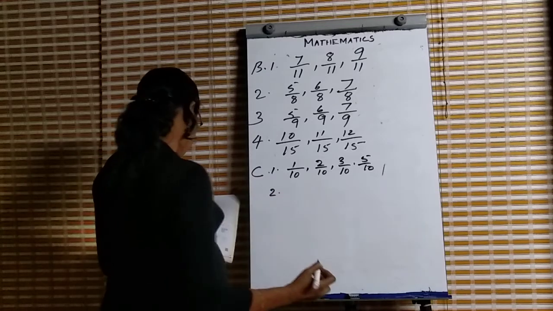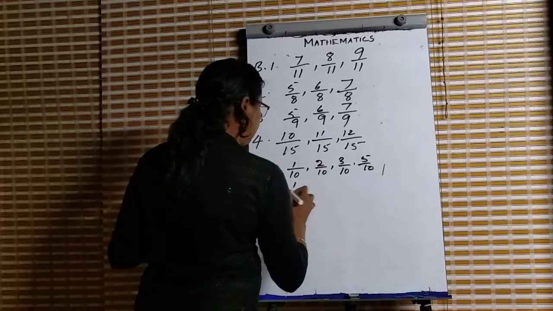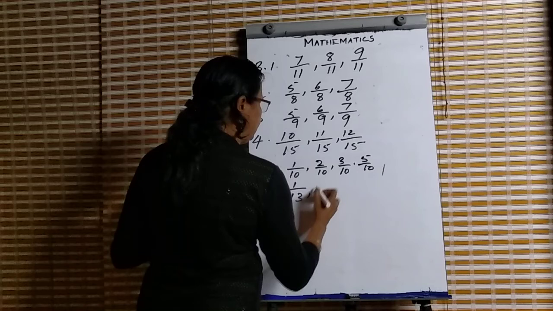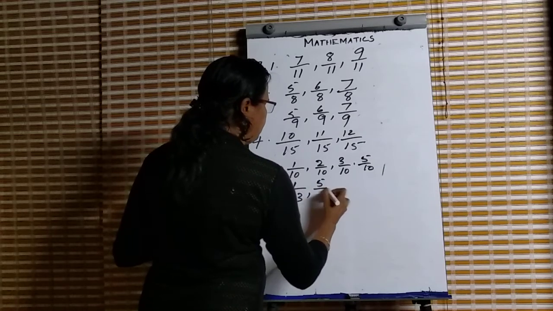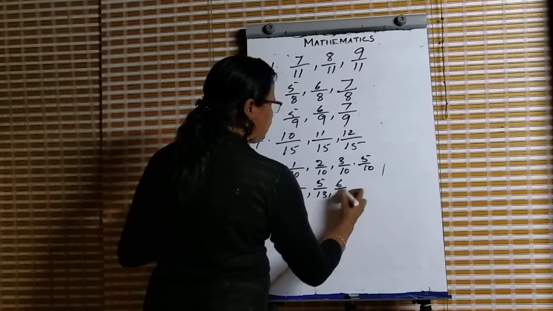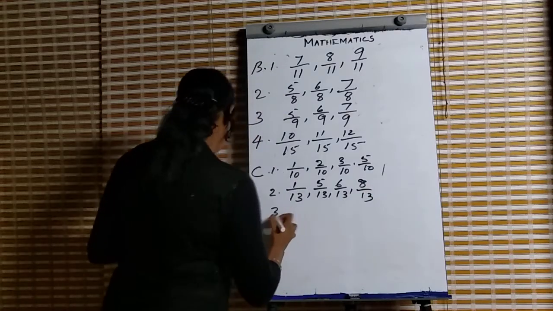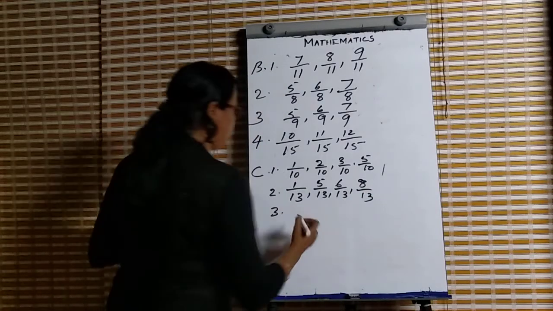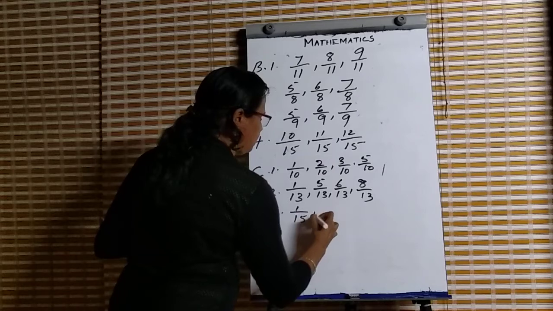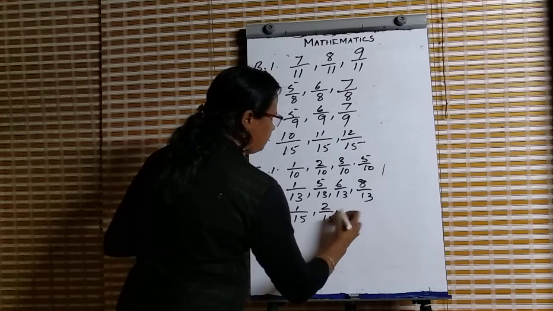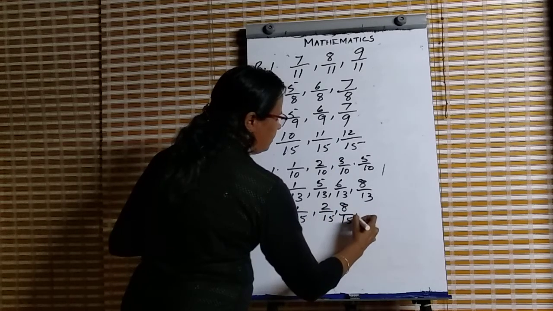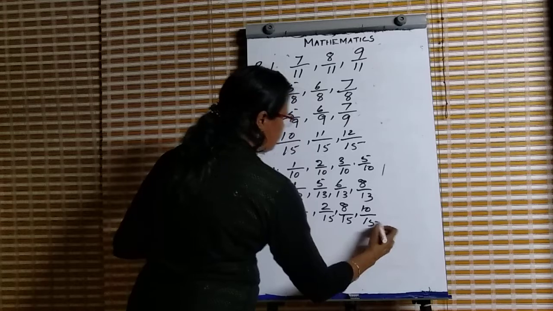Next, second, denominator 13. 1 by 13, 5 by 13, 6 by 13, 8 by 13. Then 3, denominator 15. 1 by 15, 2 by 15, 8 by 15, 10 by 15.